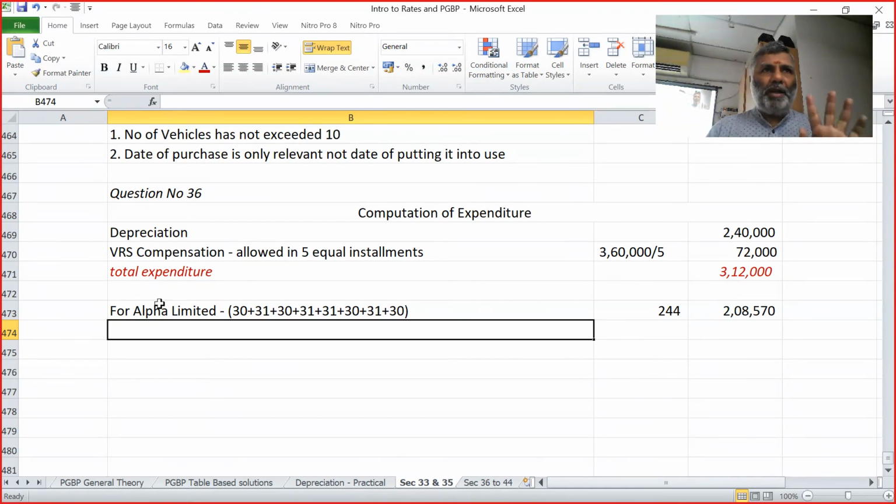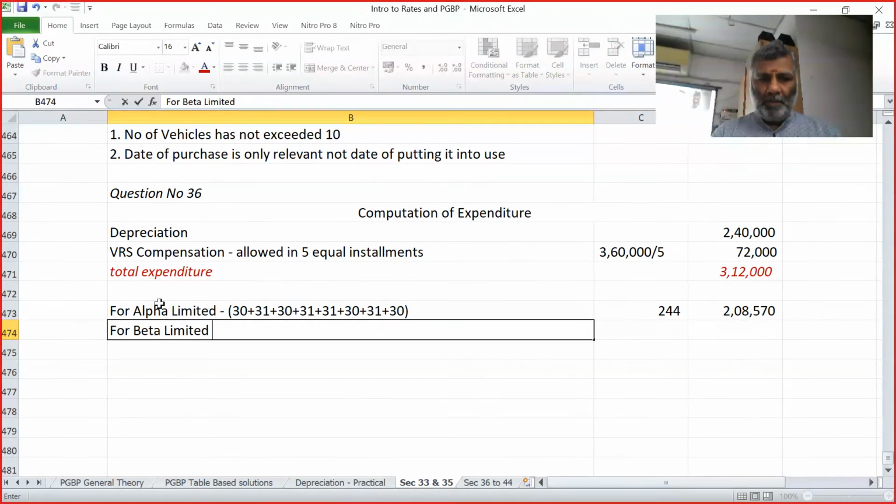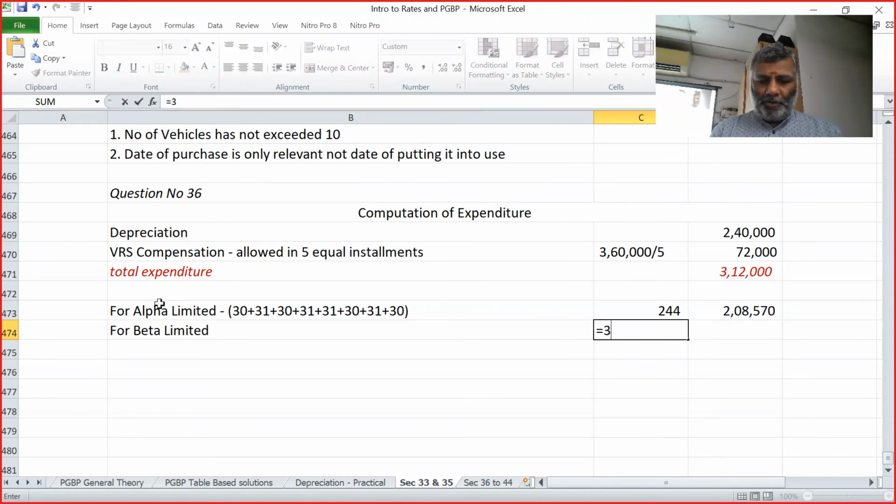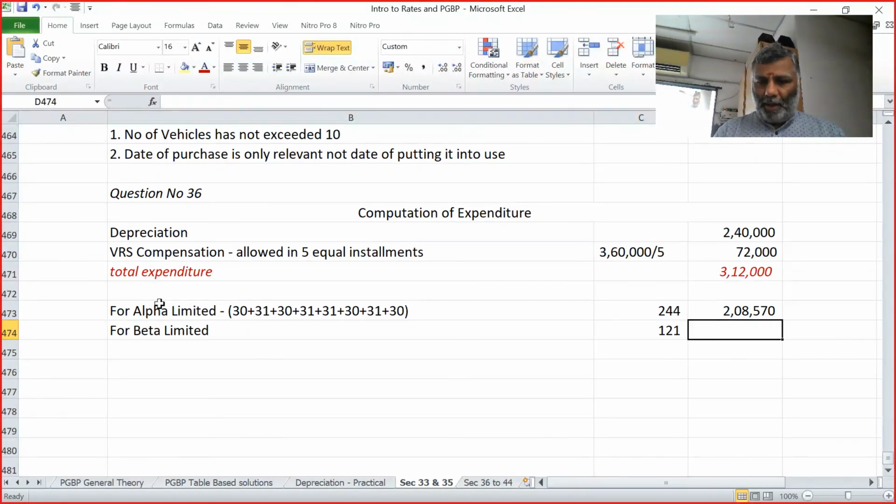Oh, effective usage means days started. For Beta Limited, 365 minus 244, 121 days. This is the expenditure.